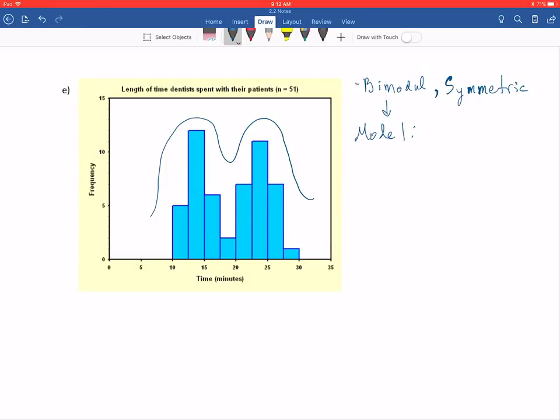However, for bimodal, we need to talk about mode 1 and mode 2, two different center values. It looks like this first mode is somewhere around the 12.5 minute mark, and the second one is around the 22.5 minute mark.